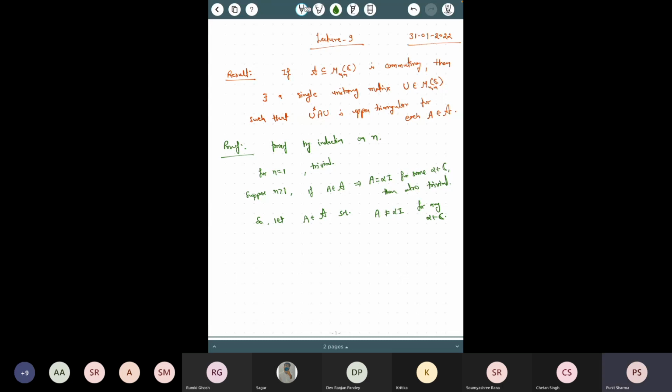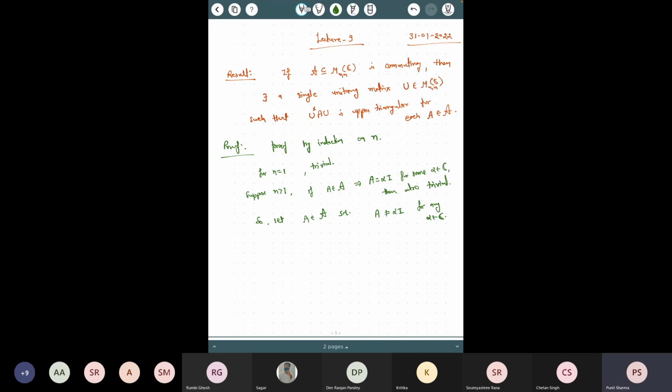So what is our aim in order to prove this? What we did in the last class, in the case of simultaneous diagonalization, we used the fact that the family is diagonalizable and commuting.